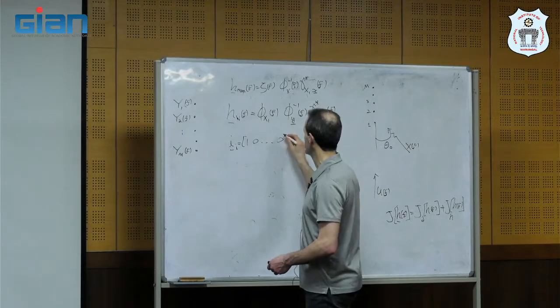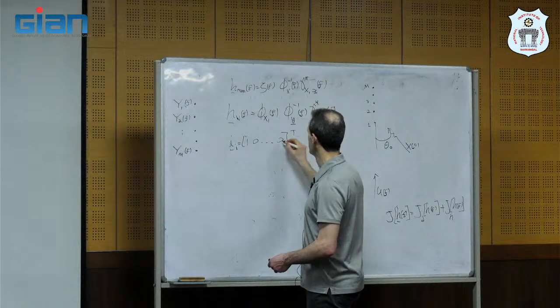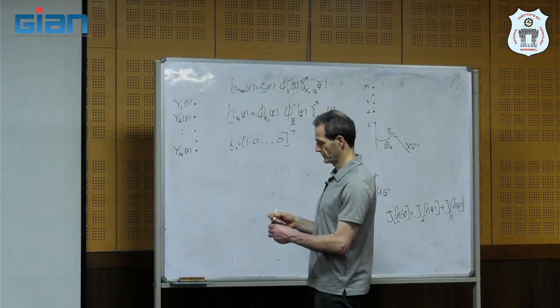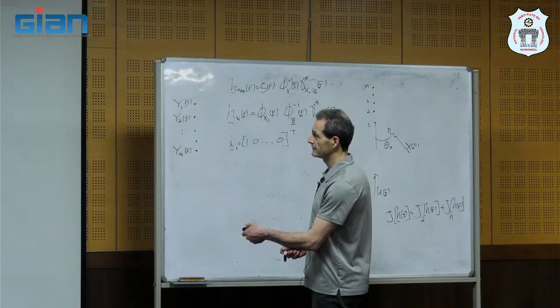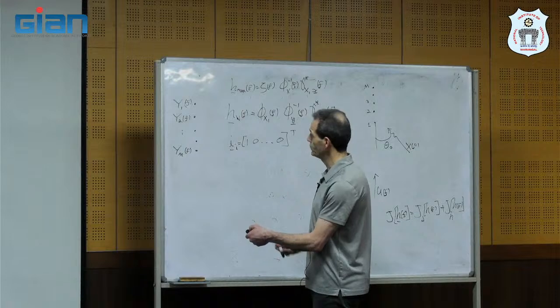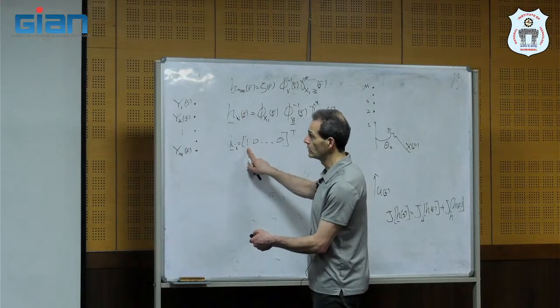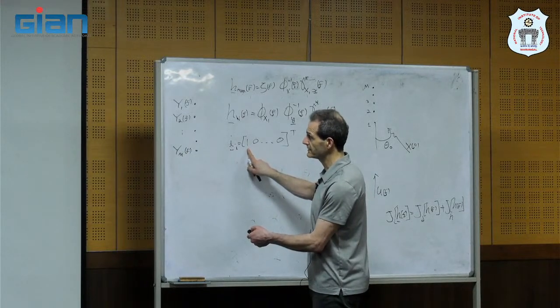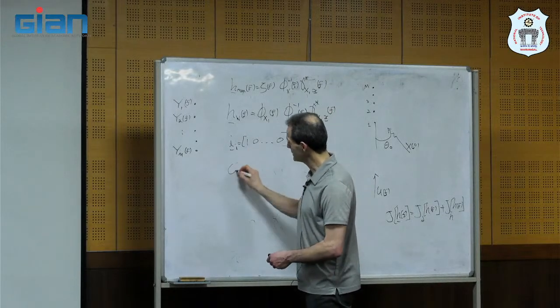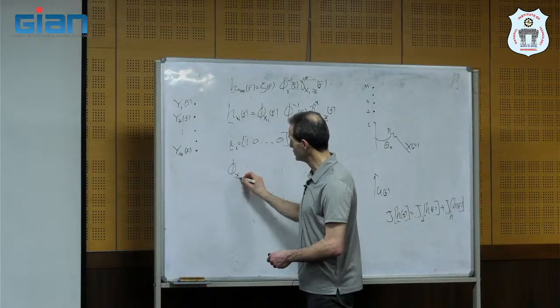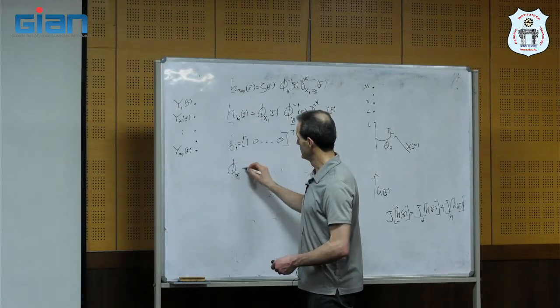I remind you that the vector i is defined as 1, zeros, all zeros of length m. So you see that this correlation matrix, if we multiply it with 1, we have a vector. This is the vector. Okay?